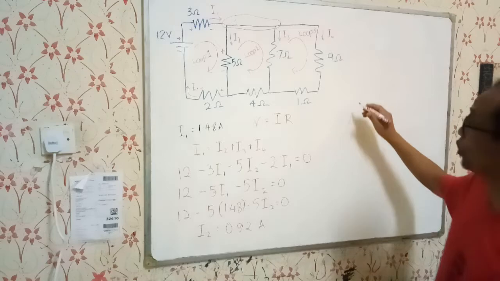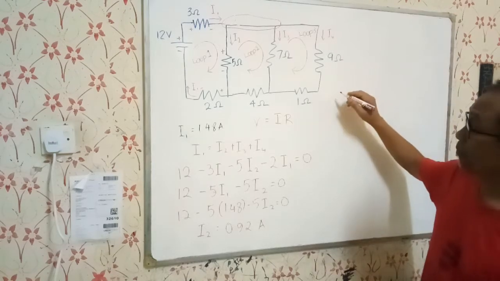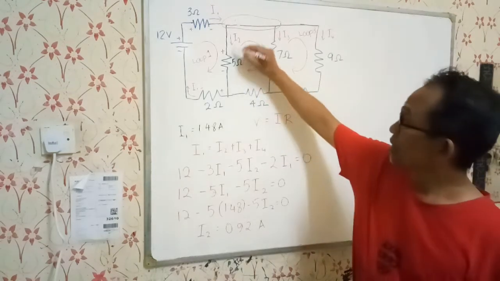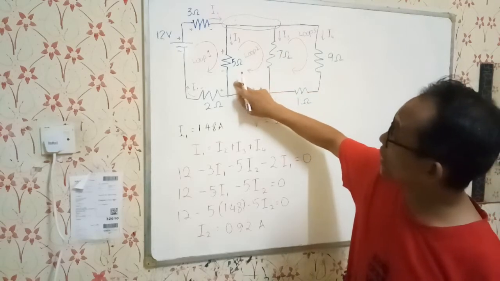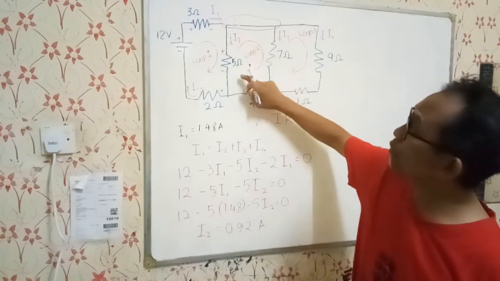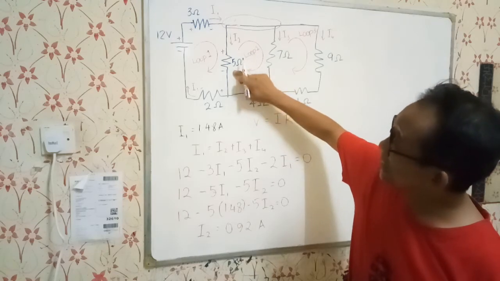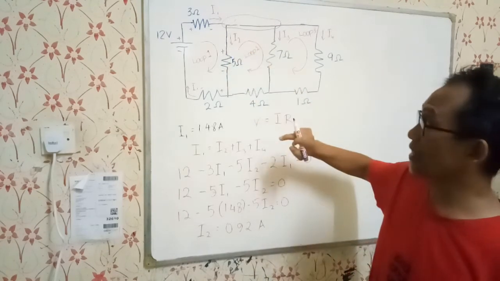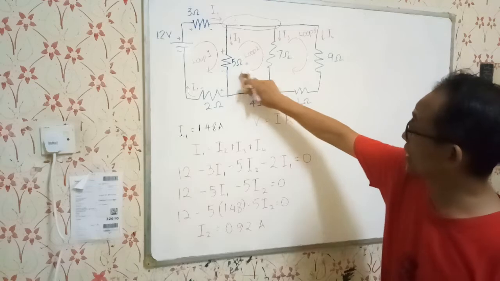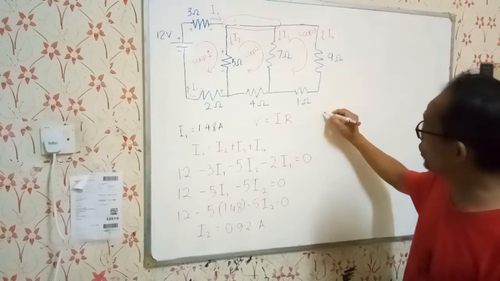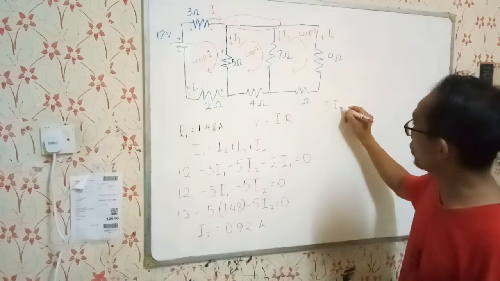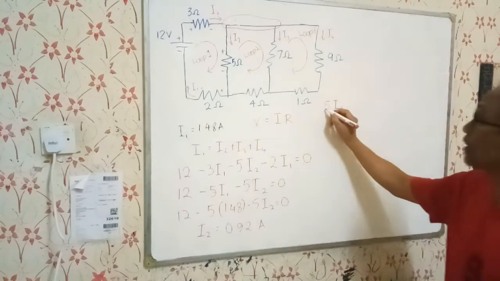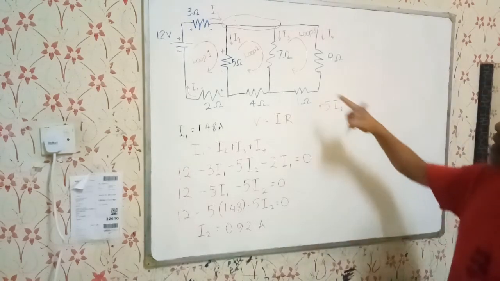For the second loop, we go by the direction of loop 2 and across the 5 ohm resistor, we would be going from minus to the plus polarity. So in the equation for loop 2, we should start with positive 5I2.